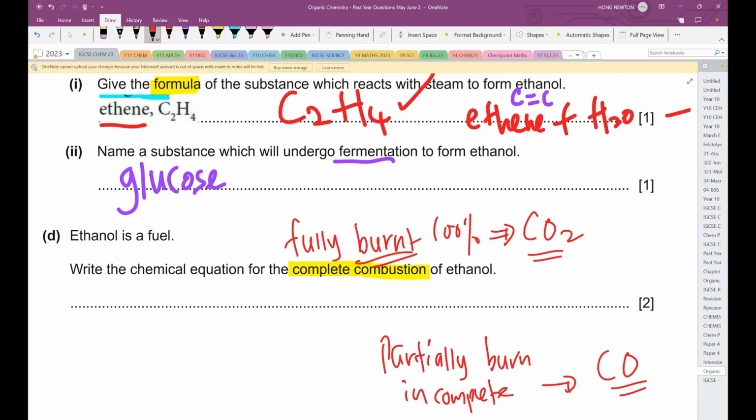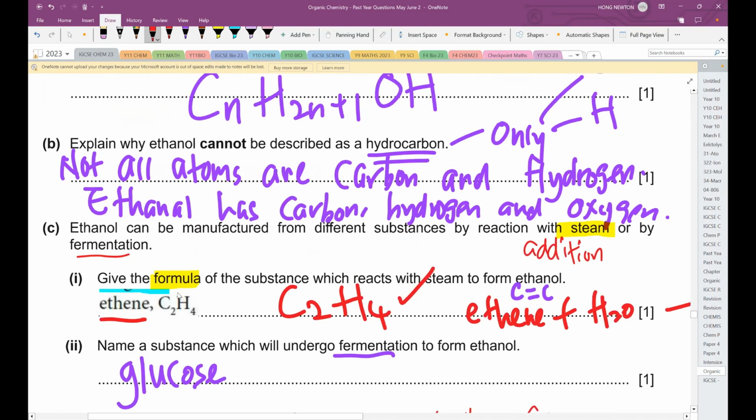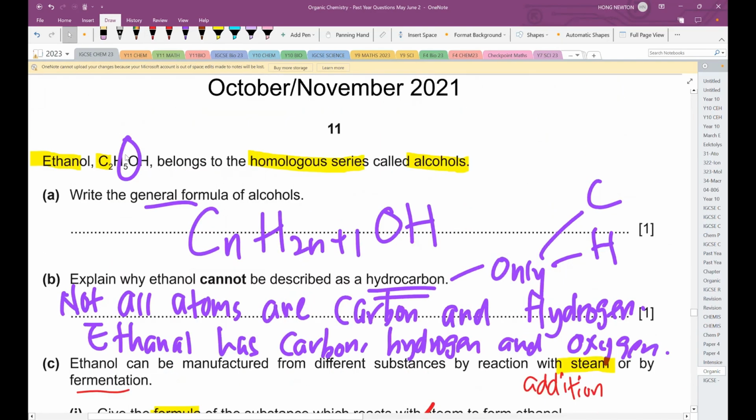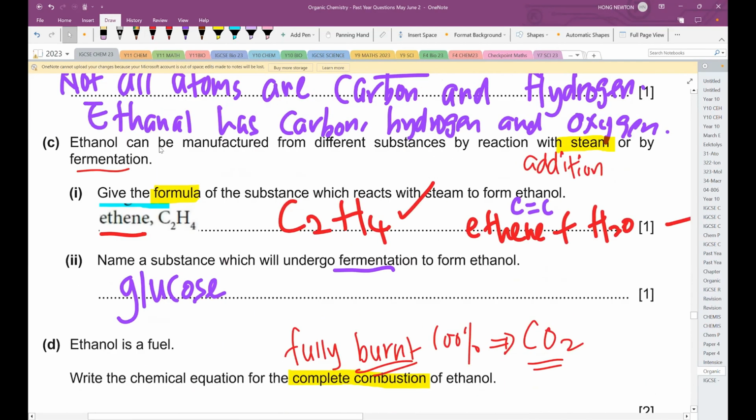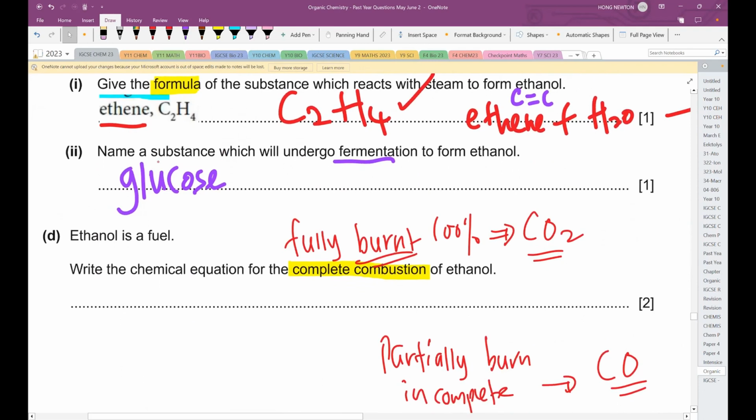So what is the equation? Ethanol first. They give you the ethanol, so you just follow the equation on the top. You just write down C2H5OH, correct?